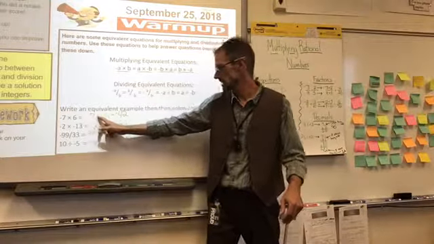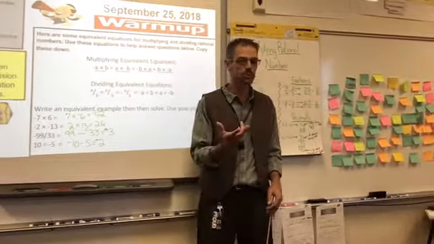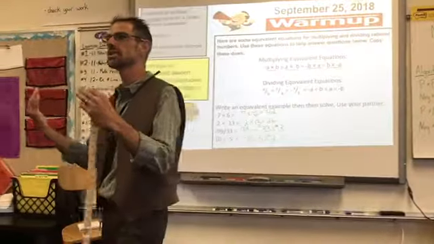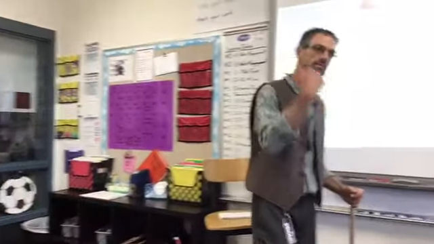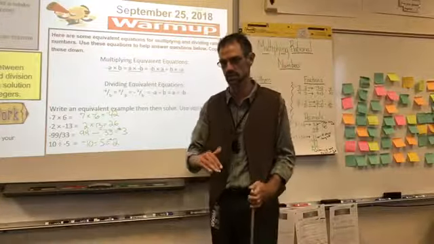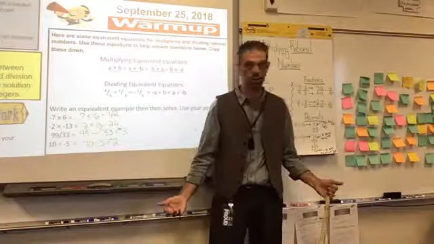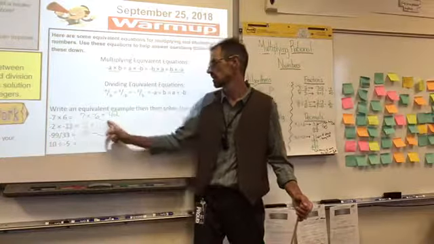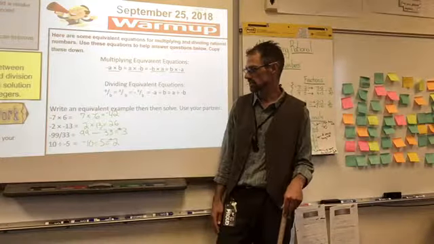So here I went with 7 times negative 6 equals negative 42, because in multiplication and division, it's almost like the numbers are positive, but then I have to look at how many negative factors there are. Is it a positive answer or is it a negative answer? Here, negative 2 times negative 13, an equivalent would be 2 times 13, because a negative times a negative is a positive. So I just kind of showed you that to make sure you guys understand that.